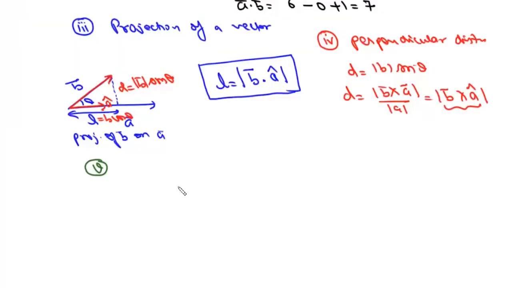And the fourth concept, which is very, very important for 3D geometry, is cross product.